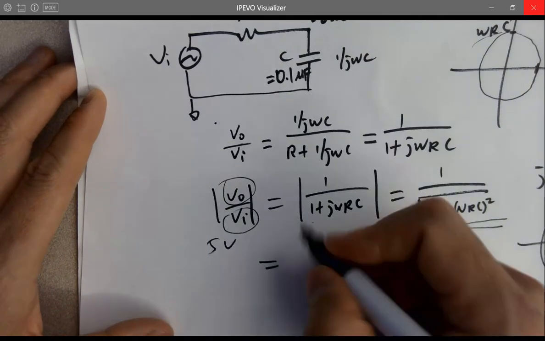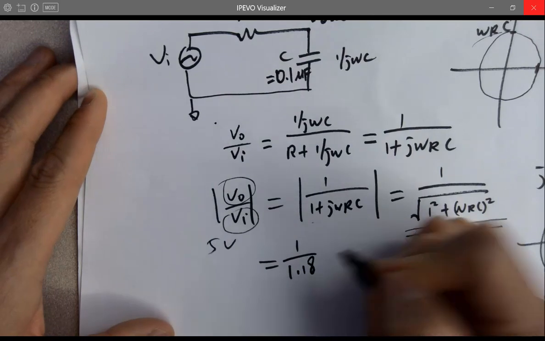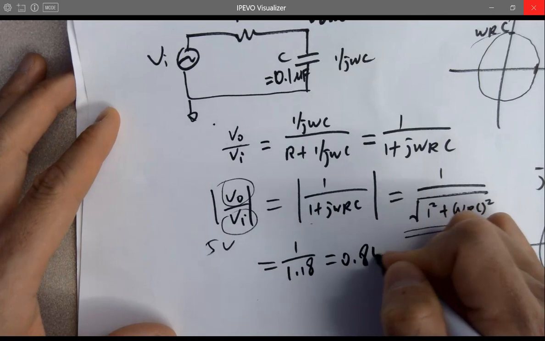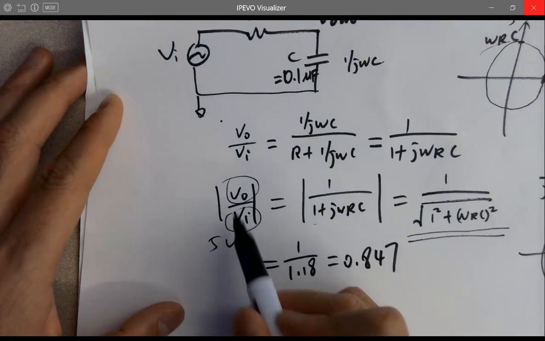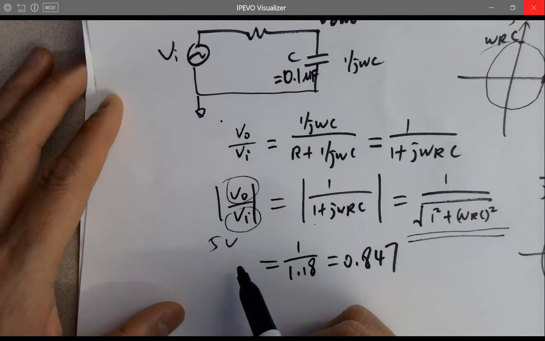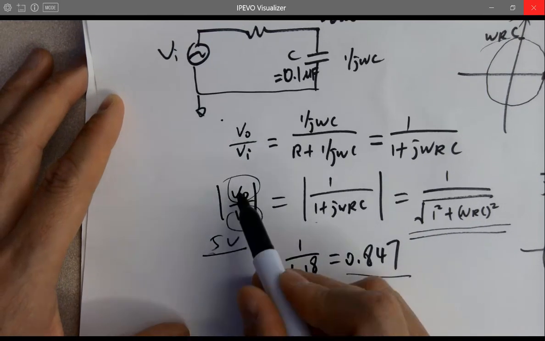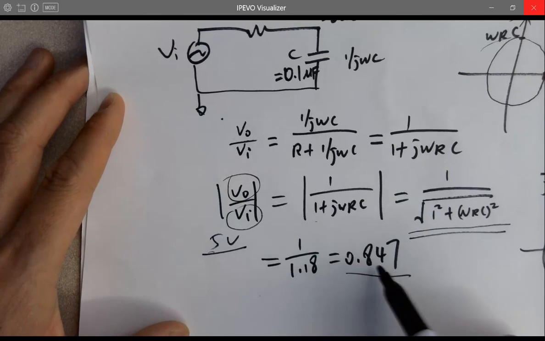And I think the final result is 1 over 1.18, which is 0.847. That's VO over VI, okay? If you use this one times 5 volts, you can get VL. And what is that? Somewhere like 4 point something volts, right?